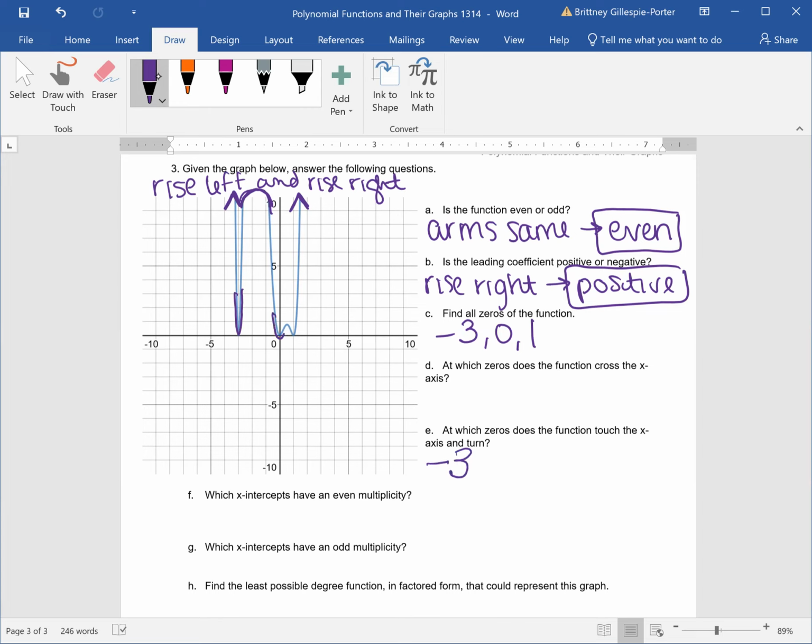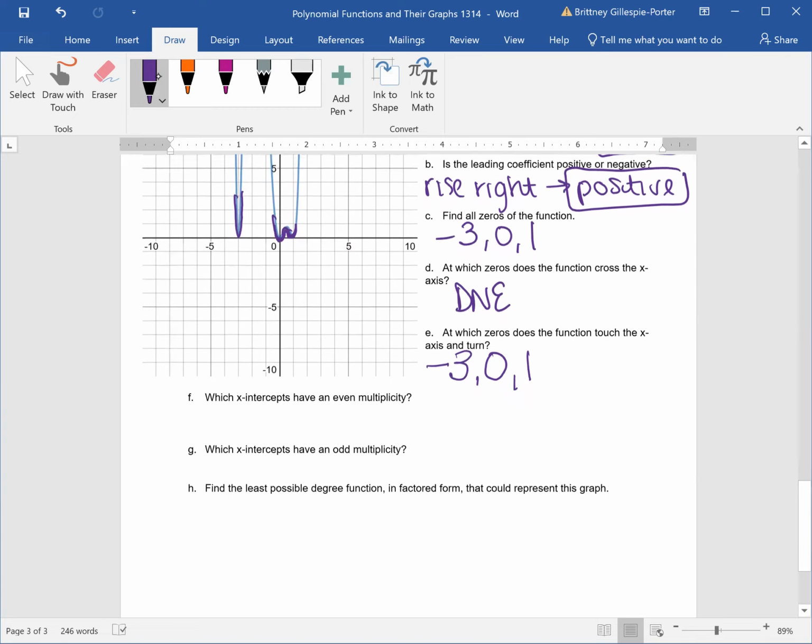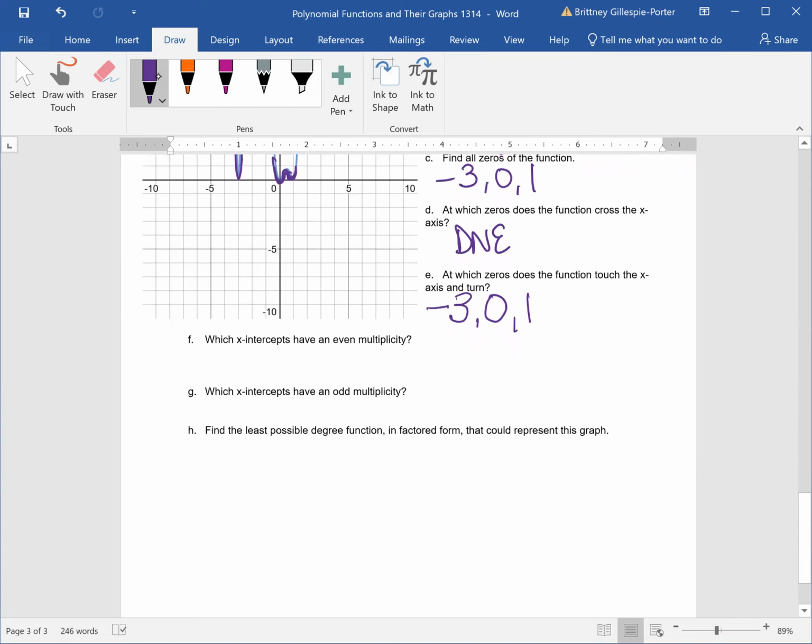We're going to touch and turn at 0. We touch and turn again at 1, which means that we do not have any x-intercepts where we cross. So I'm going to write D and E does not exist. Remember, even multiplicity means that we touch and turn.